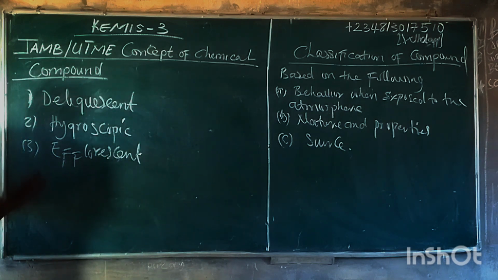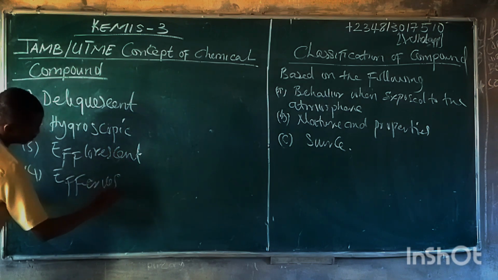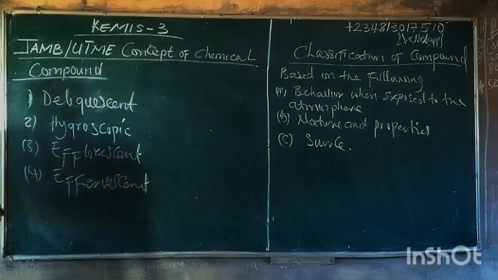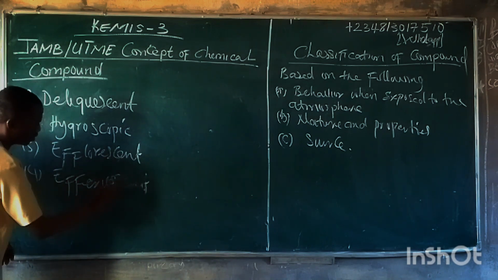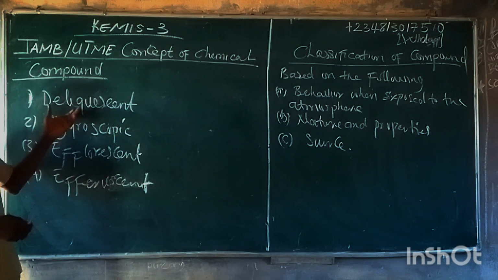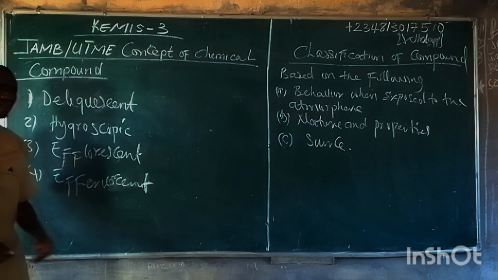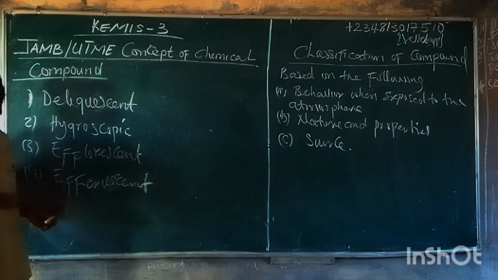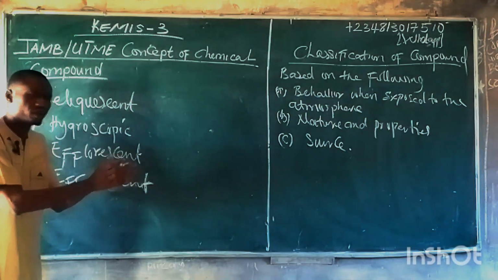And number four is effervescent. Either it is deliquescent, hygroscopic, efflorescent, or effervescent. Whichever one it is, they have different characteristics when exposed to the atmosphere.